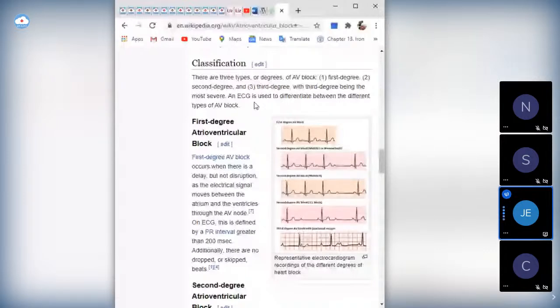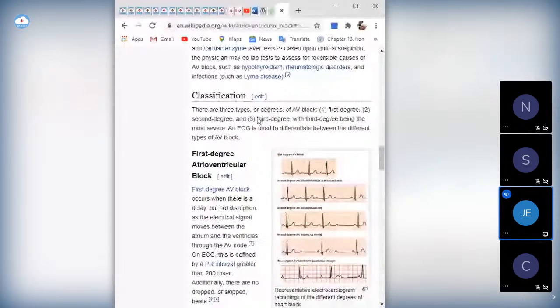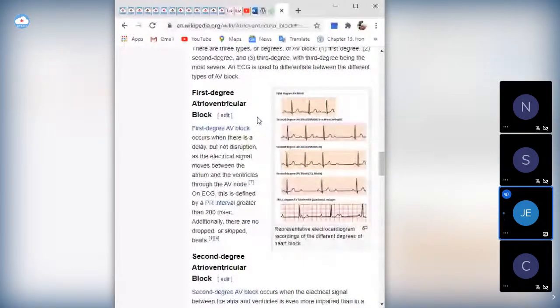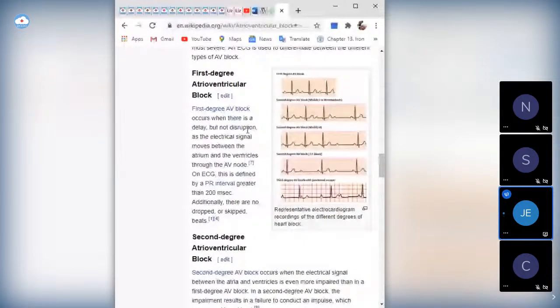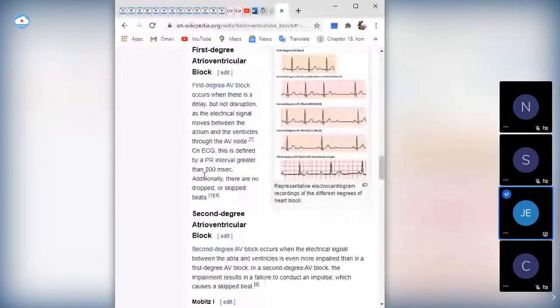The first degree atrioventricular block occurs when there is a delay but not disruption as the electrical signal moves between the atrium and ventricle. Like we said, it is not as severe as the third degree. Additionally, there are no dropped or fixed beats.